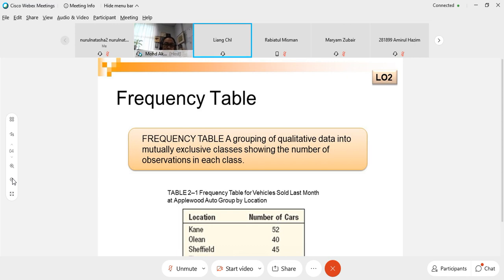Number of cars: 52, 40, 45, 43, total 180. Okay, that means in our raw data, we have 180, then they only have 4 locations. Each location represents 52, 40, and so on, and the total is 180. This type of data they call a frequency table. It means from the frequency table, we can see what the highest location is.